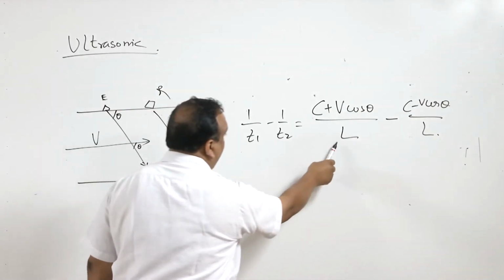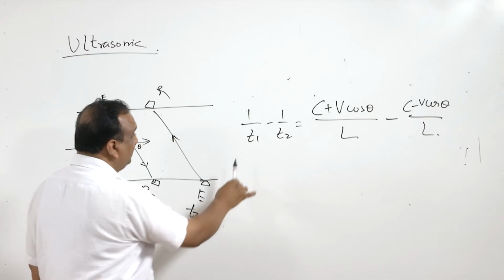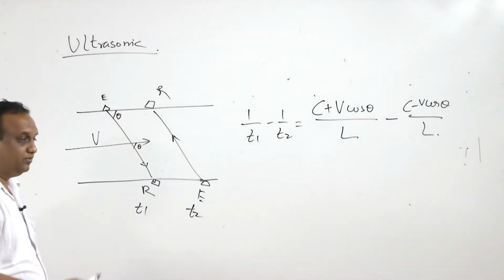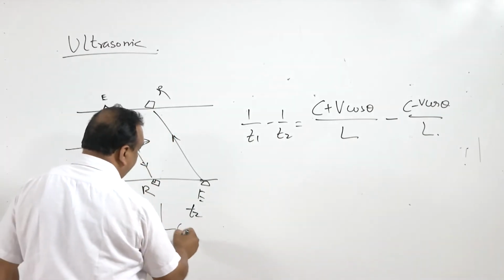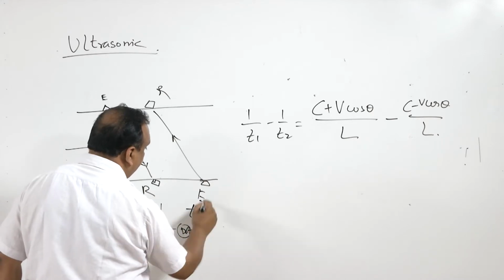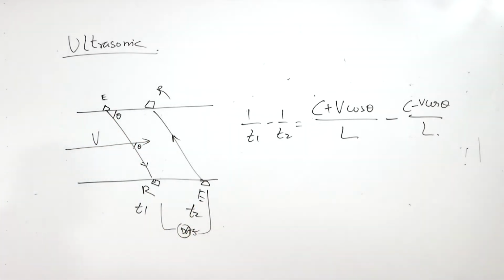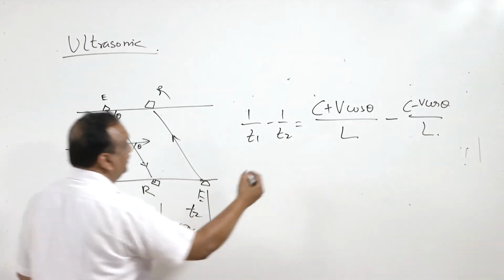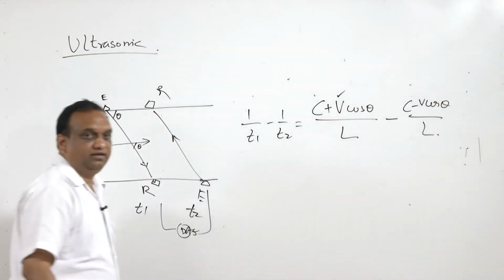And L is known to us. t1 and t2 we have not calculated, we have just measured with the help of a data acquisition system, right? And then we can always find the value of V.